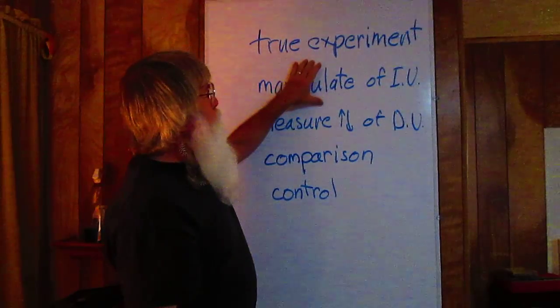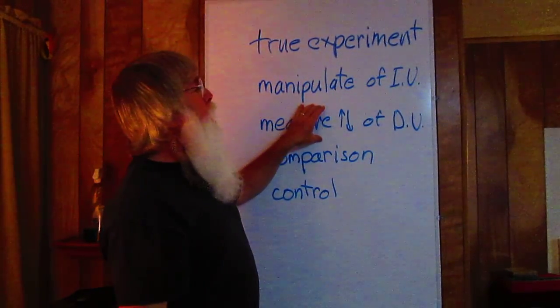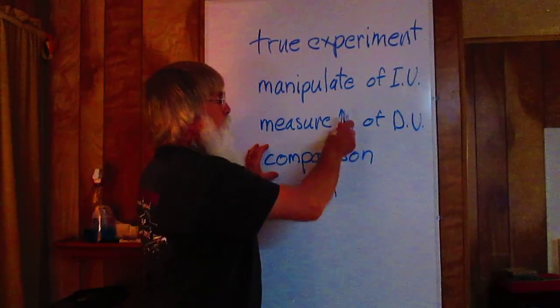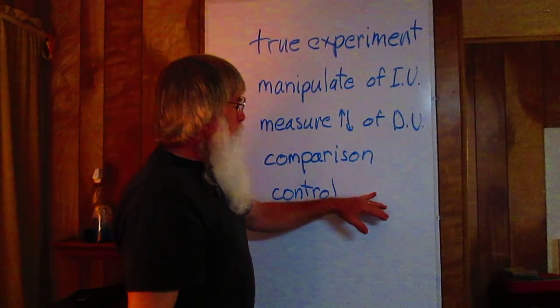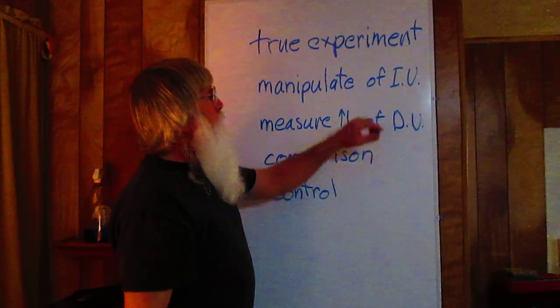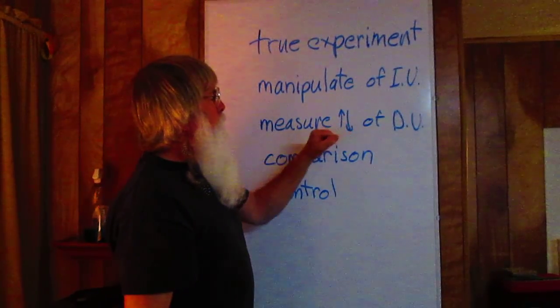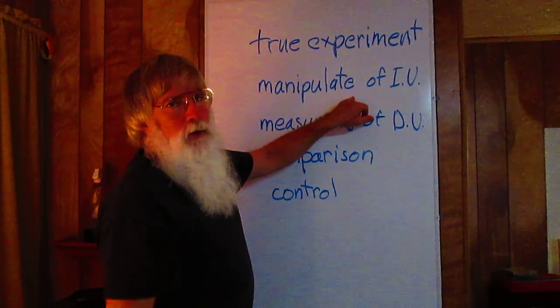A true experiment has manipulation of an independent variable. Then we measure what happens to the dependent variable. We compare those two things, and while we're doing this, we control for other variables such as environment and other conditions that might affect the dependent variable besides our independent variable.